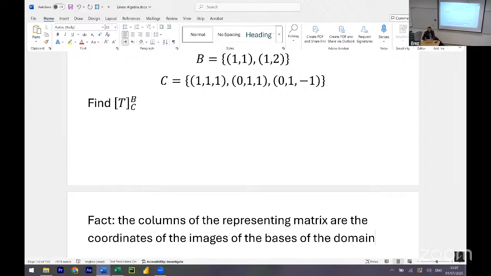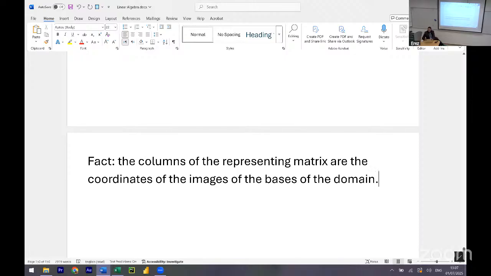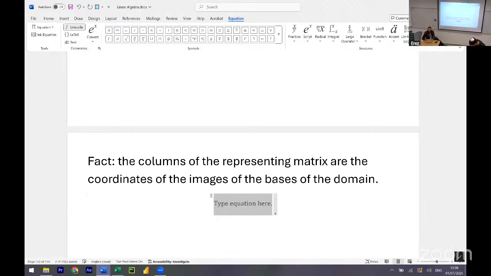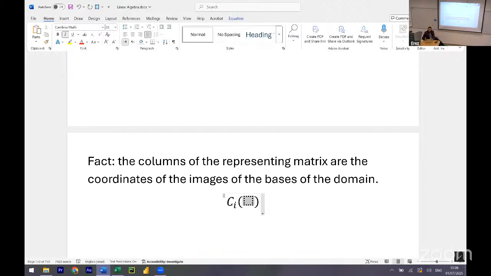This theorem being worded, I think it's harder to comprehend than the mathematics notation, which I'll write in a second. The i-th column of the representing matrix from B to C is the coordinates of T of the i-th member of the base B.